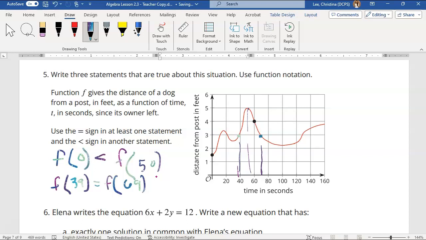So we use an equal sign and a less than sign, and then it says to write 3 statements. So let's give one more, and we'll say that, for example, f of 100 is less than f of 60.